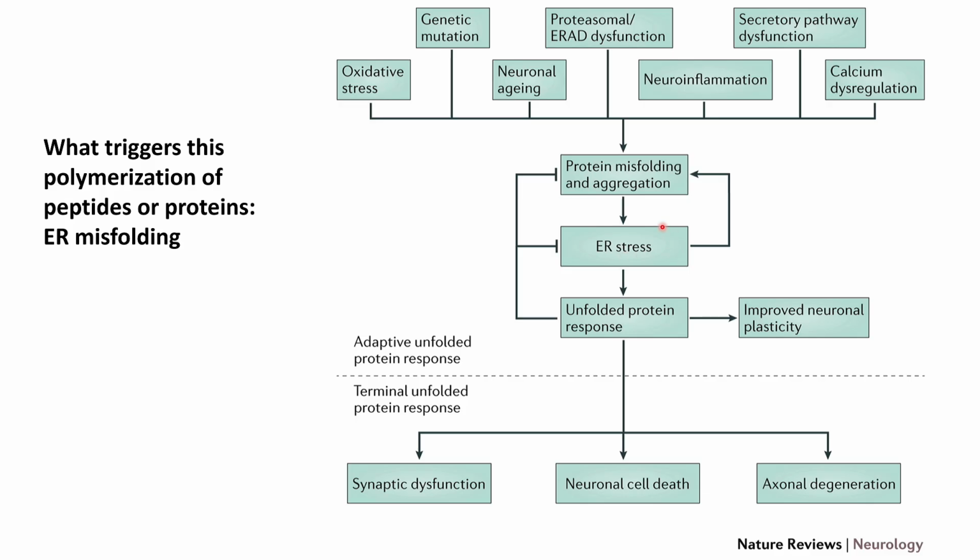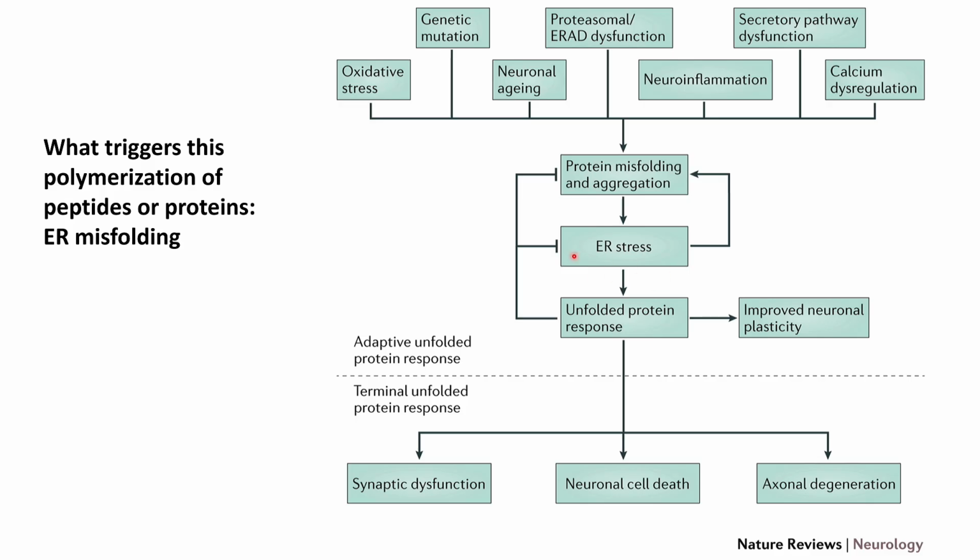Once the endoplasmic reticulum is in stress, it starts a cascade of events called the unfolded protein response, which further takes information to the nucleus and to different sites of the cell. Ultimately, if it continues in the cell, it leads to neuronal damage and neurodegeneration, because the cell ultimately goes into apoptosis and thus degenerates.